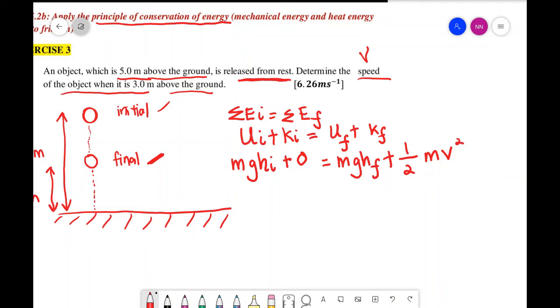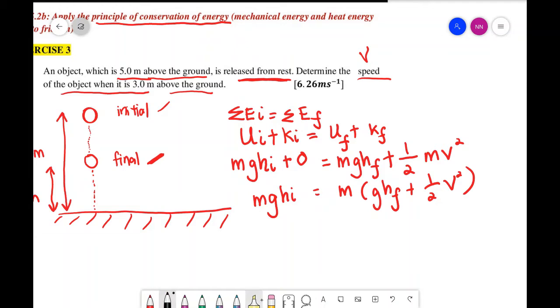So we can factorize m: mg hi equals m times g hf plus half v squared, and then we can cancel the m. That's why in this question mass m is not given, because we can cancel the m.